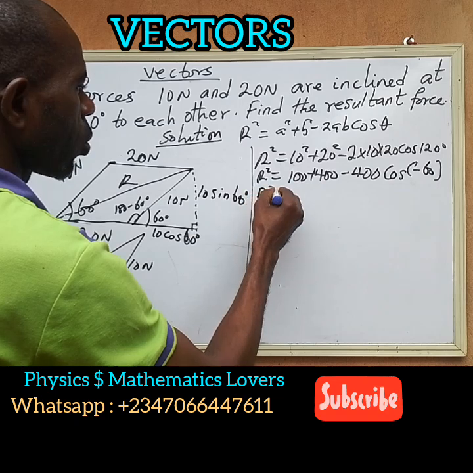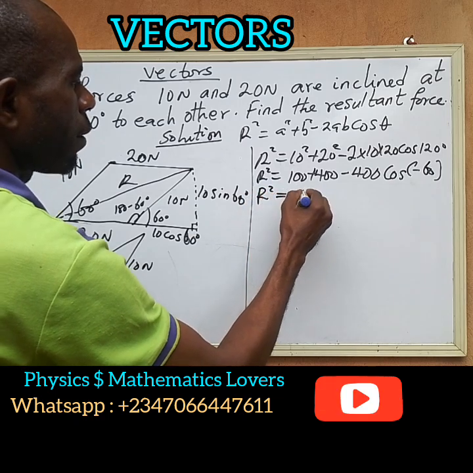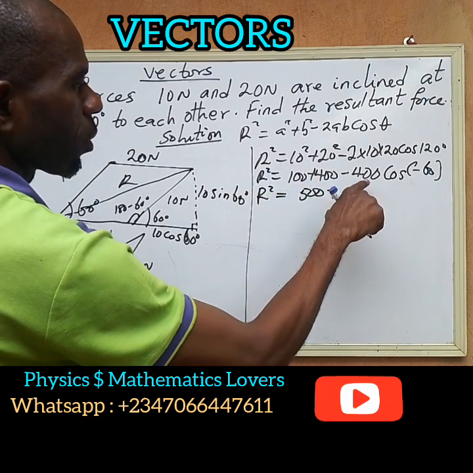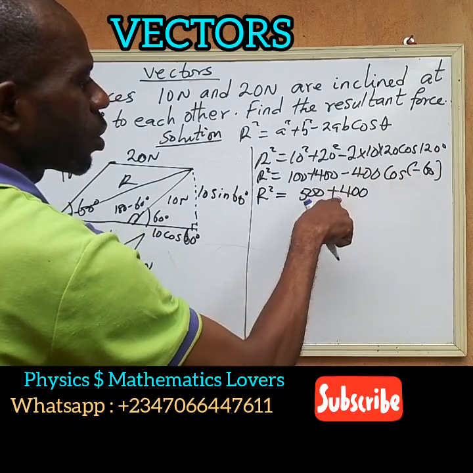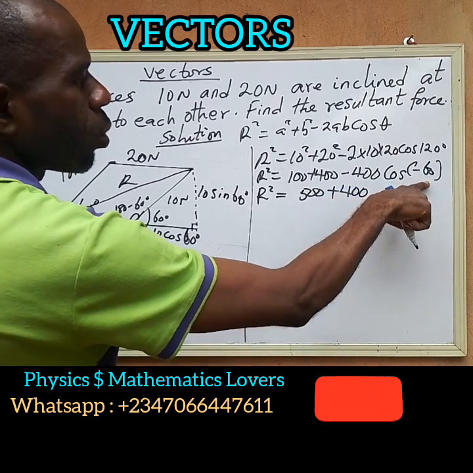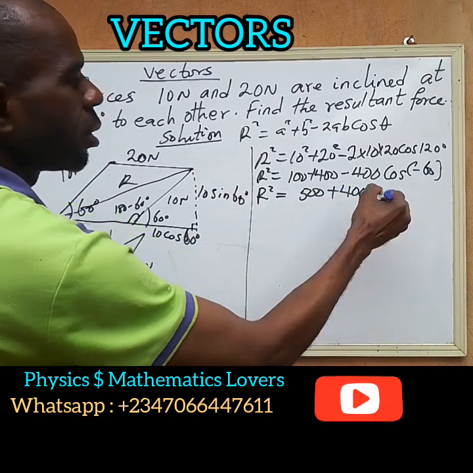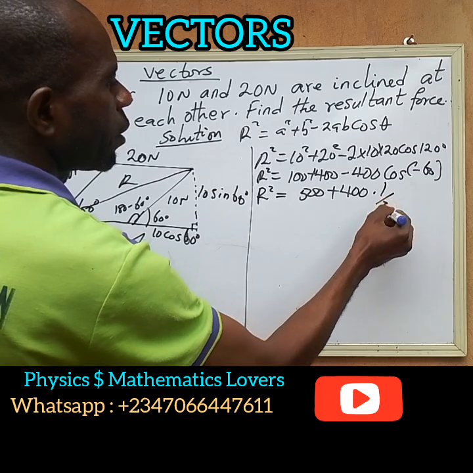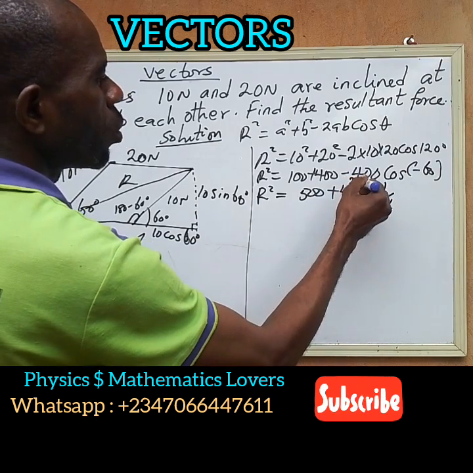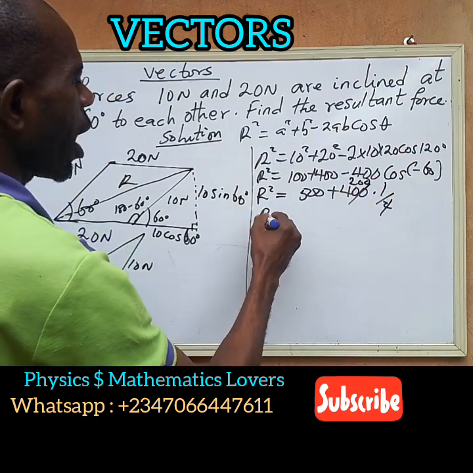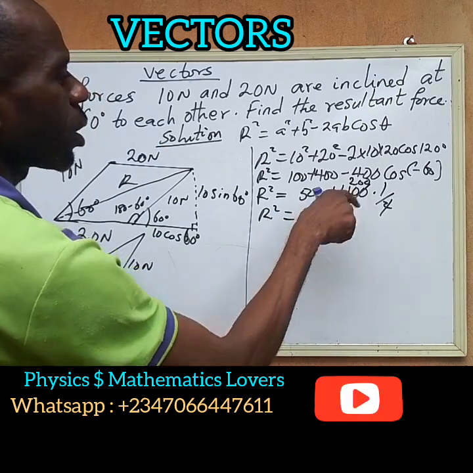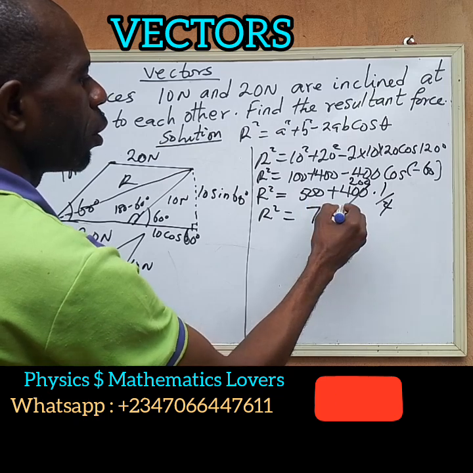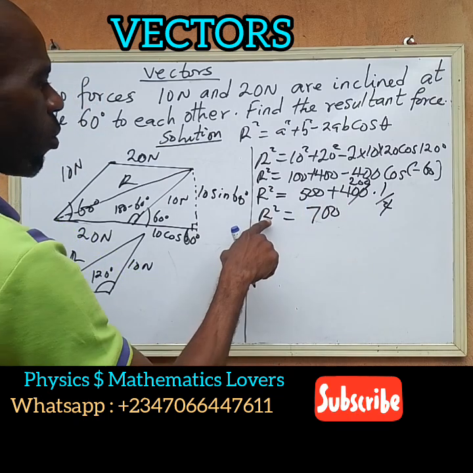We have R square equal to 500 plus 400 cos 60. Since the negative is out, it turns positive. Cos 60 is half, according to special angle, times half, so this cancels this, giving you 200. Now we have R square equal to 500 plus 200, which is 700.